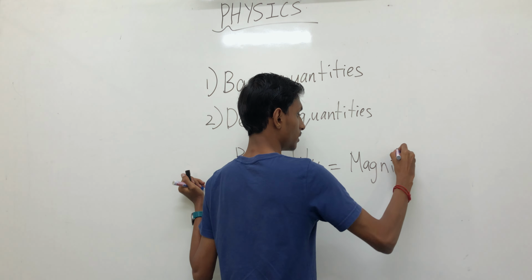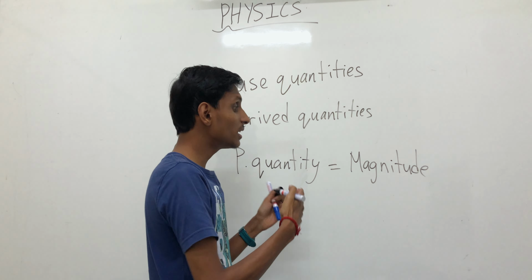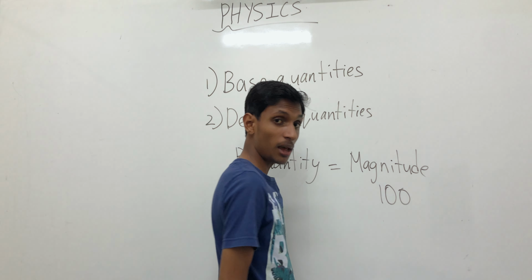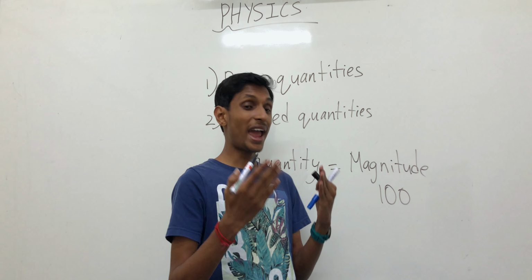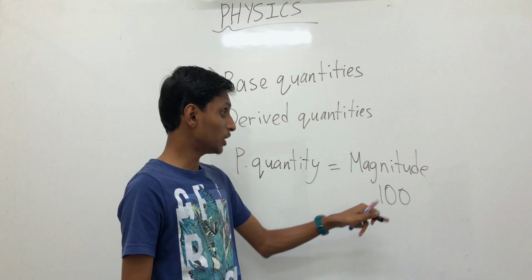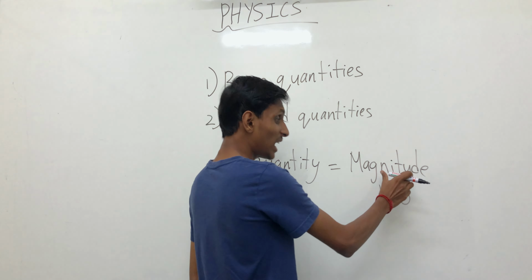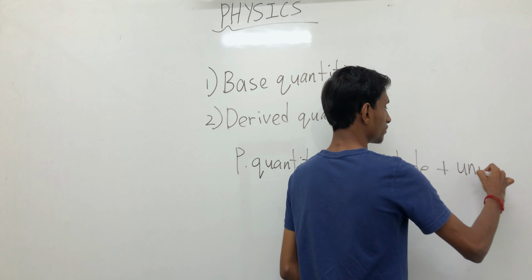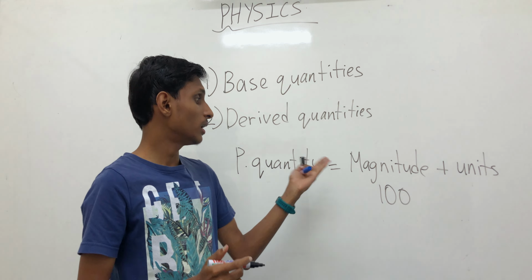Magnitude means the number, for example 100, 90, 99, 148, or any other number. Together with the magnitude, you need to add a unit.